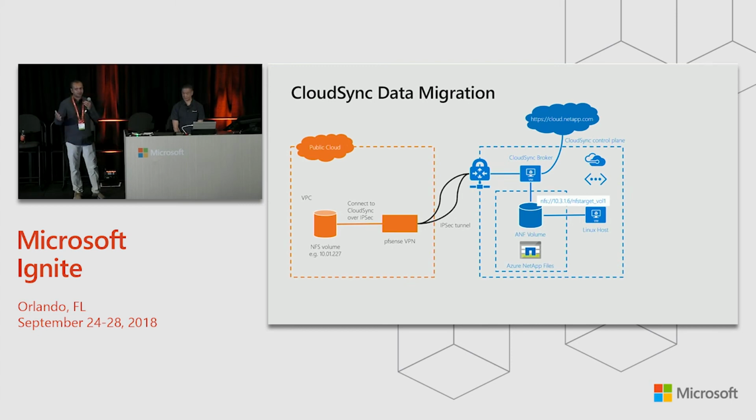You could do it from Amazon or from on-prem. It's a great tool, and you can also use it to copy data between regions in Azure. You can create an ANF volume in region 2 in a different VNet and use Cloud Sync to create a copy.